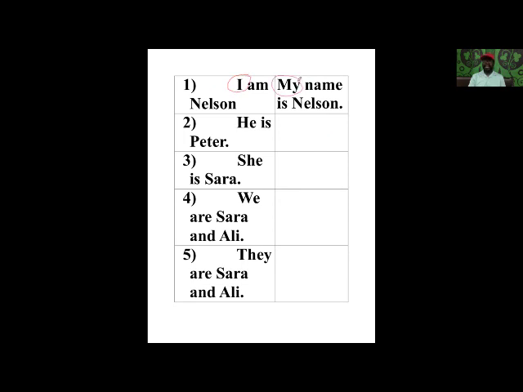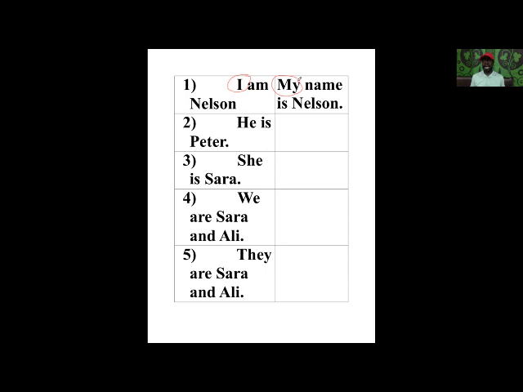My is a possessive adjective. So we are going to change the sentences. We are going to change the subject pronoun to a possessive adjective. Remember, I changes to my. He, she, we, they. They change to what? Go back to the previous example.